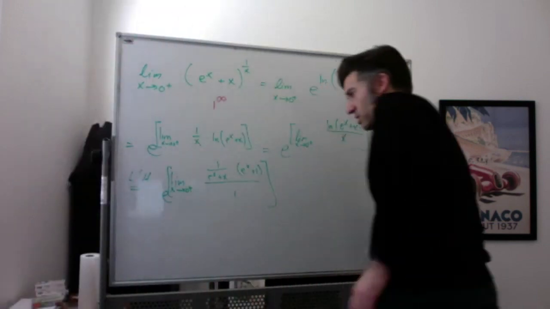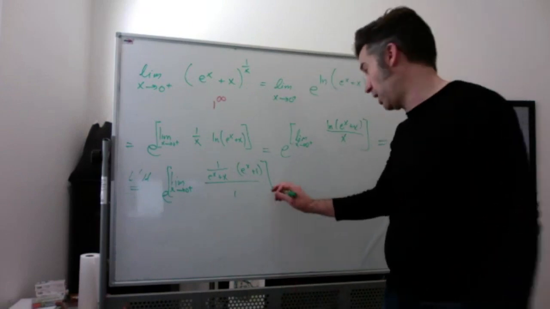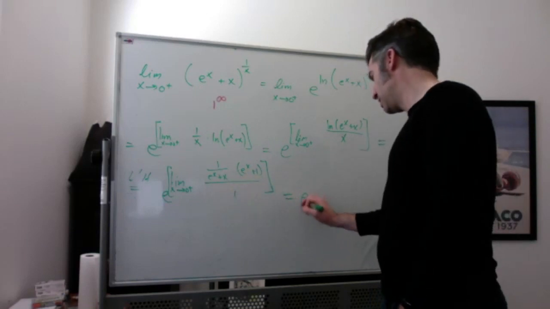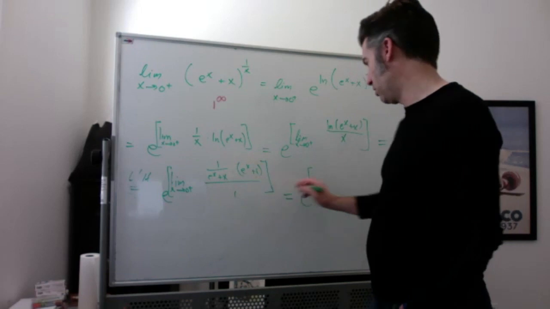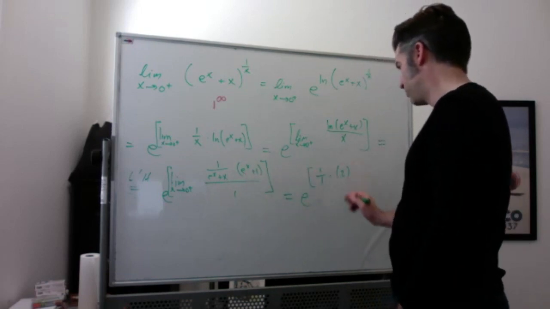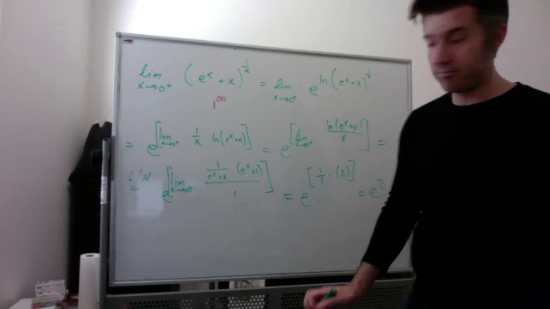And now I think we can just plug in, or at least we should check, even if I think we can't. So if I plug in 0, I get e to the 1 over 1 plus 0 times 1 plus 1. So I get e squared. Interesting.